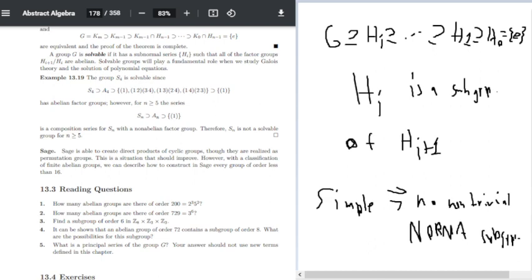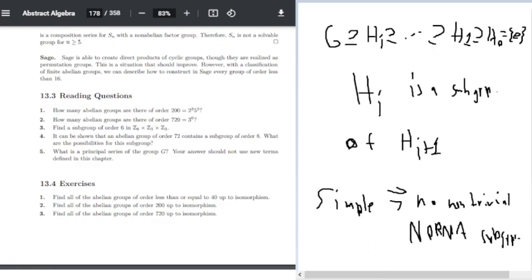How many abelian groups are there of order 200, which is 2^3 times 5^2? So let's literally write all these out. So 2^3, 2^3, 5^2. So we have Z2 times Z2 times Z2 times Z5 times Z5.